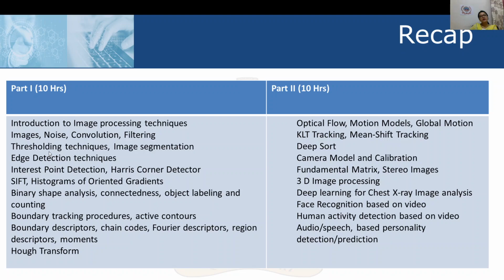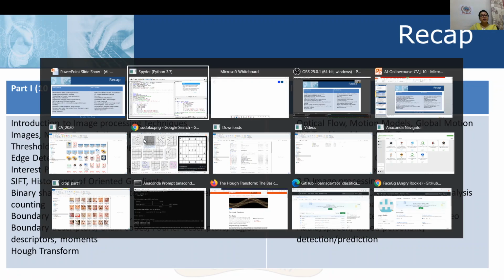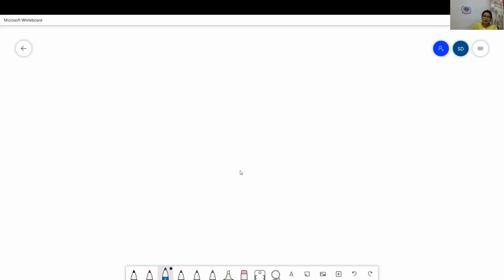Then we saw the thresholding techniques, image segmentation. Then Otsu's thresholding technique, an optimal thresholding technique that we saw. Then image feature extraction.